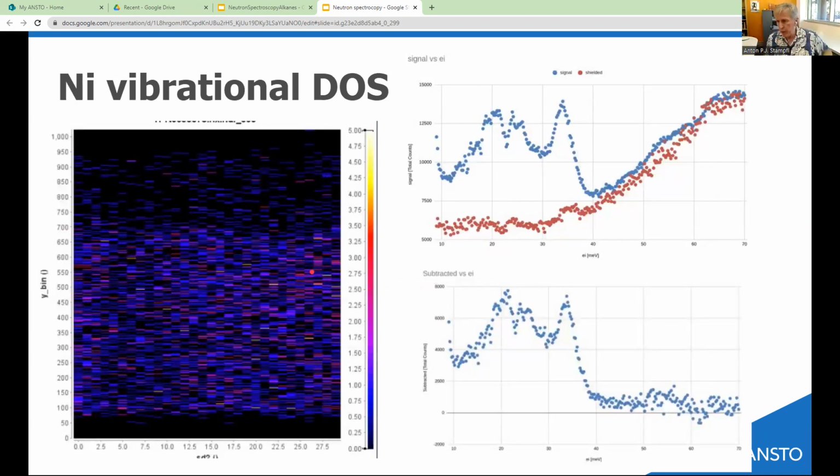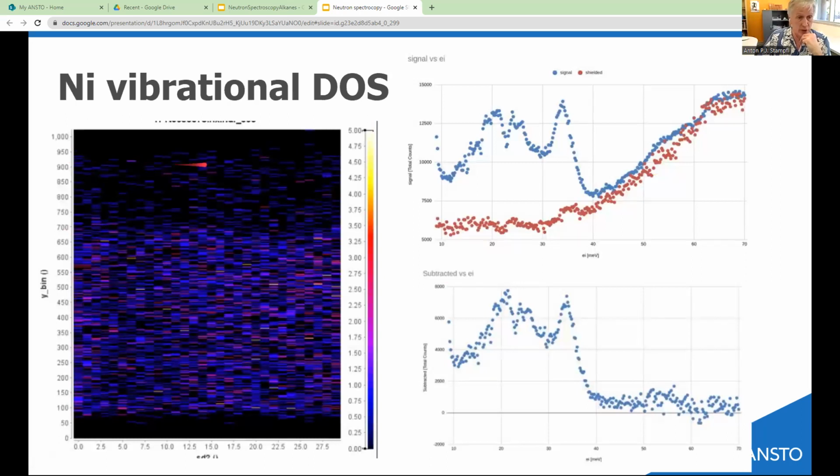So this is the last couple of slides. You'll be happy to know, and we're sort of nearly there. So this is, as I said, nickel, for example, is a metal, and it produces coherent scatter. It's not as much as, say, incoherent scatter from hydrogen, but it doesn't matter. We can still detect it, and we're still sensitive to it because it's in the right energy range. So these are the detectors here, and these are position sensitive detectors.